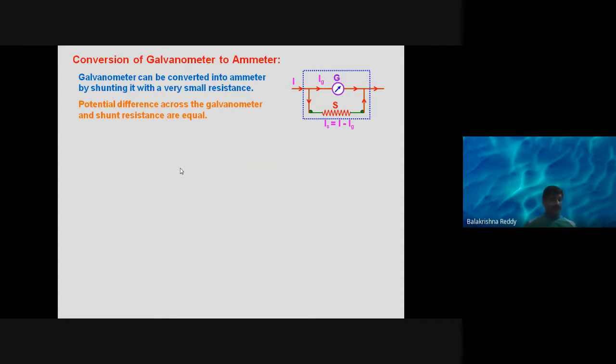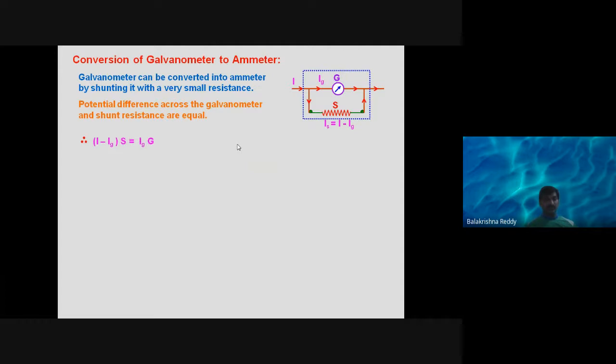Now, the potential difference across the galvanometer and the shunt resistance are equal, meaning the potentials at this point and at this point are the same, because we know that in parallel the potential is constant.